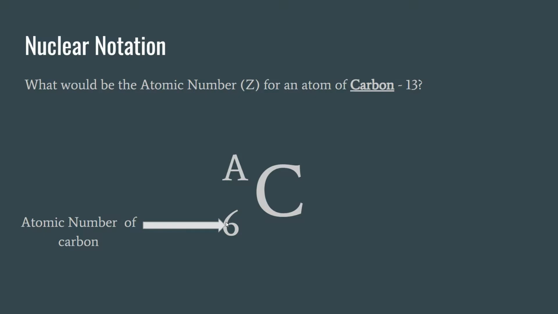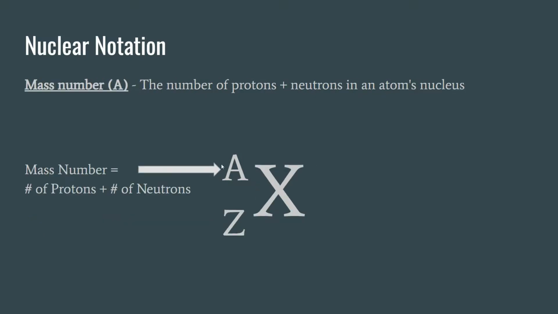And then finally, we have the mass number. The mass number at the top represents the number of protons and neutrons in an atom's nucleus. And this cannot be found on the periodic table. To do this, you're going to be given the mass number in the name or some other information like the number of neutrons and maybe the element.